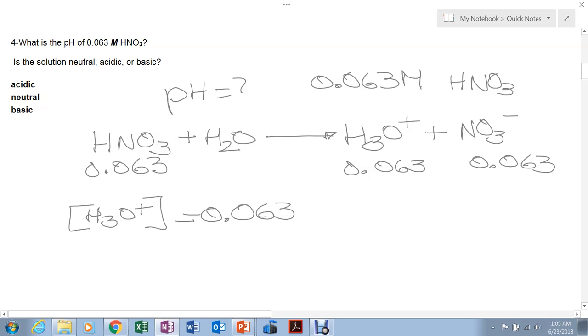So the pH would be equal to minus the log of 0.063. So the pH would be 1.20.